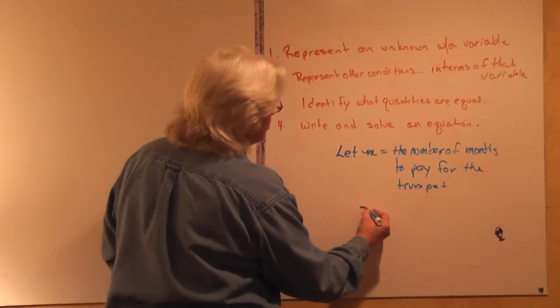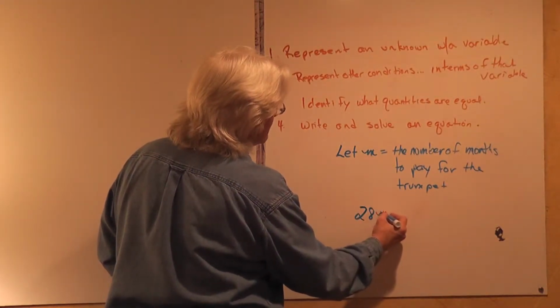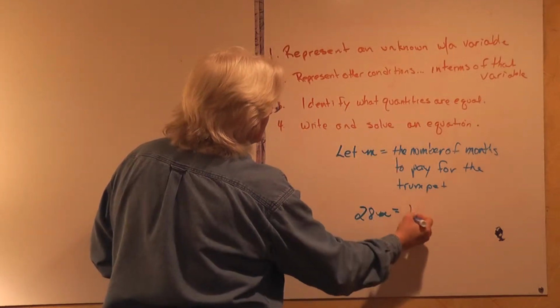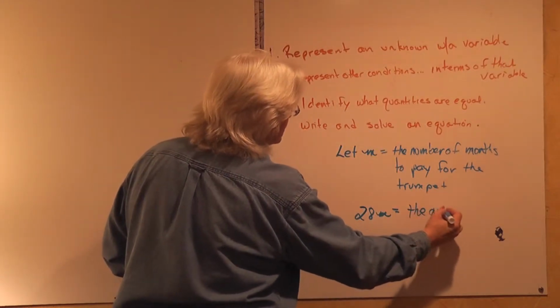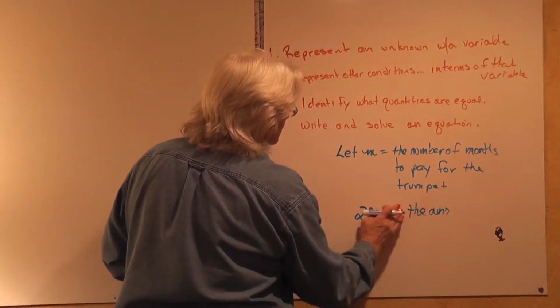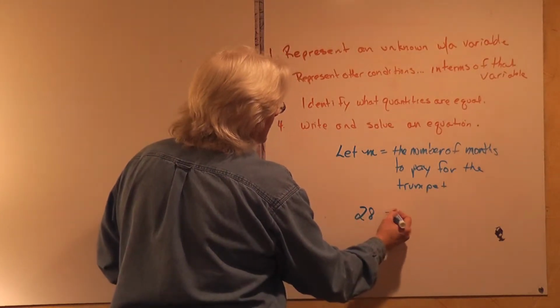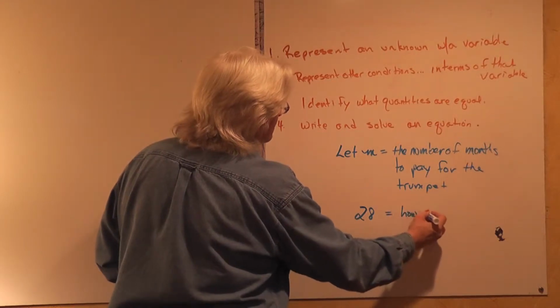So we could say that 28 times M is the amount per month that he's going to pay.